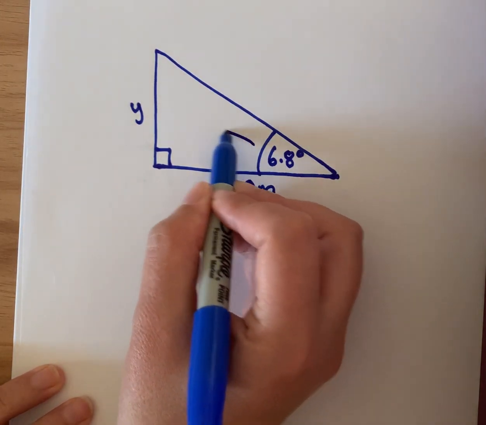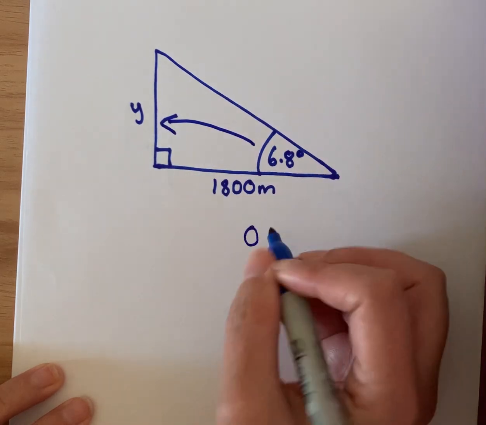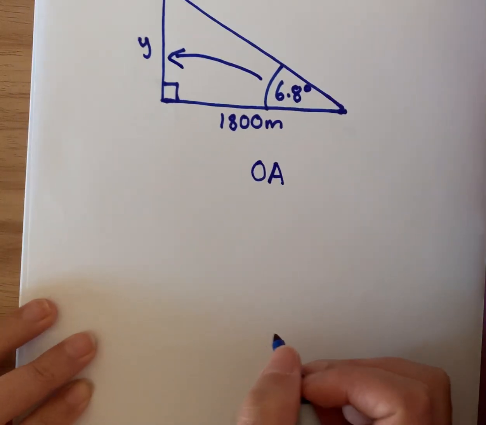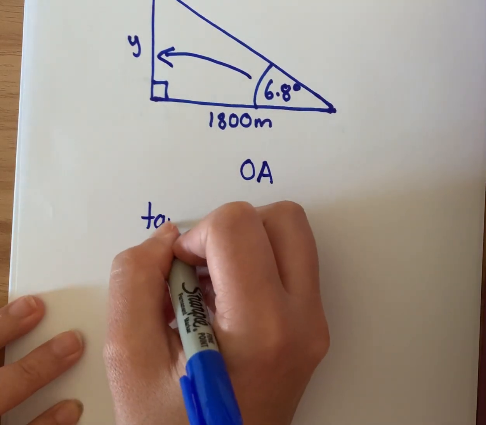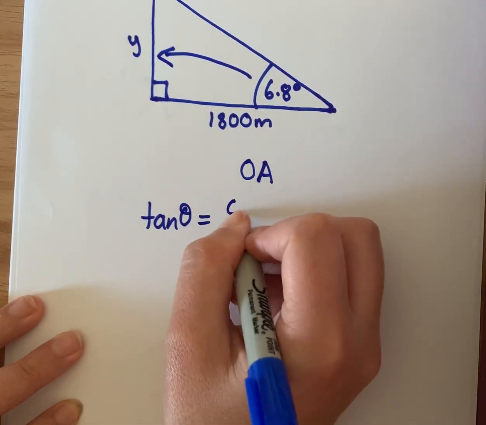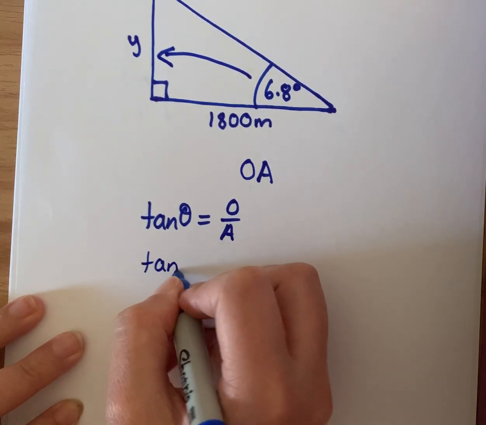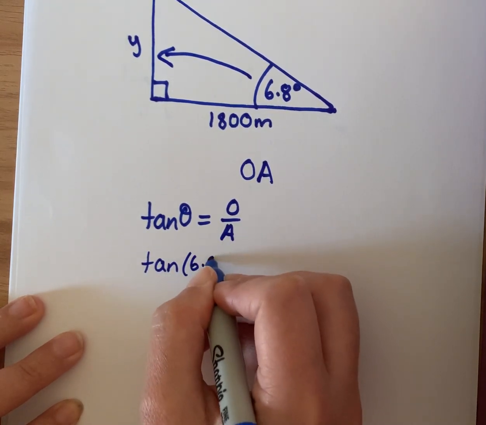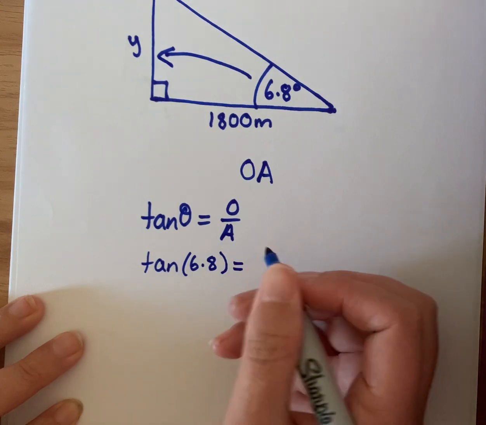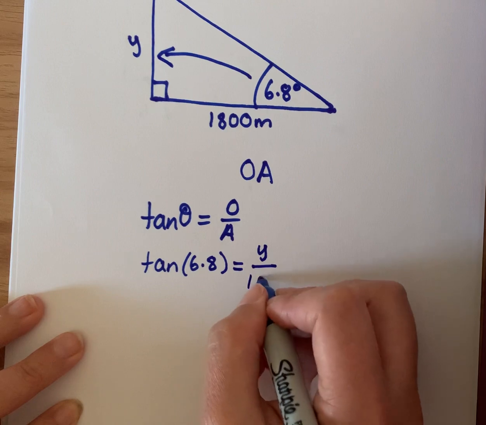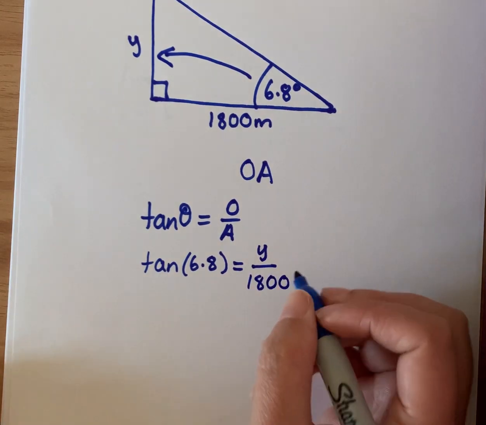And we're using our opposite side and our adjacent side. So we're using tan again. Tan of an angle is equal to opposite over adjacent. And our angle is 6.8. Our opposite is y. We don't know what it is yet. And our adjacent is 1,800 meters.